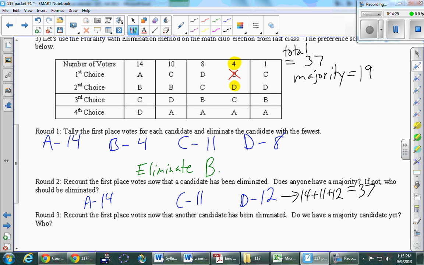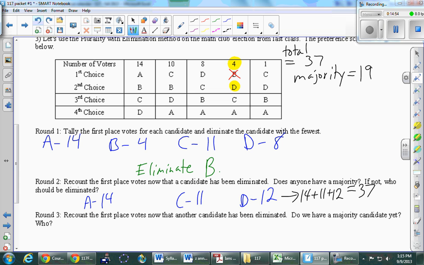Does anybody have a majority? No. So we got to keep going, but it's always worth asking because as soon as you got a majority, you stop. Okay, who has the fewest number of first place votes now? C, which is not what you guys would have told me before because a second ago, this said 8, and who had the fewest number at that moment? It was D. But D just got a little bit stronger as soon as B went away.